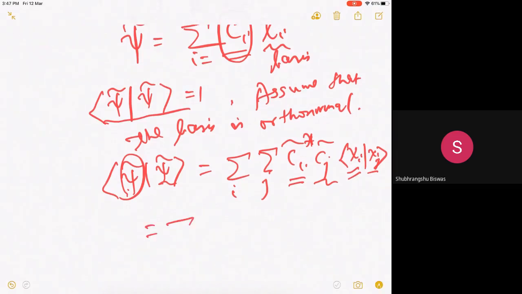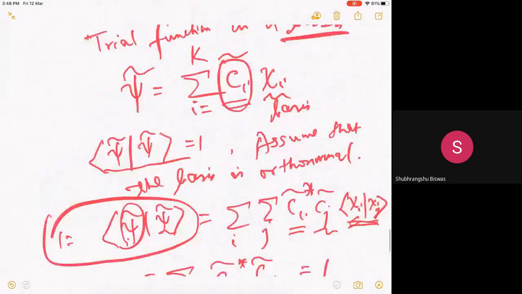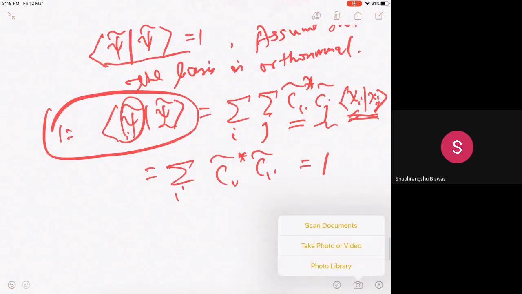If you very quickly see this, I can simplify because they are an orthonormal basis. So it is a Kronecker delta. I must be equal to J. So it is Ci tilde star Ci tilde equal to 1. So this condition that the trial function is always normalized to unity essentially means that if you take the modulus square of the coefficients, all the k-dimensional basis, their sum is equal to 1.